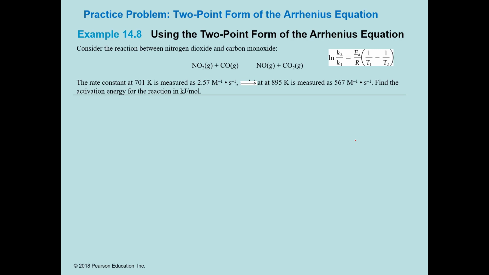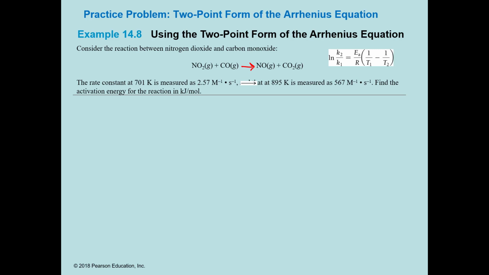In the example I have for you on the 2-point form of the Arrhenius equation, you've got nitrogen dioxide reacting with carbon monoxide, going to nitrogen monoxide and carbon dioxide.